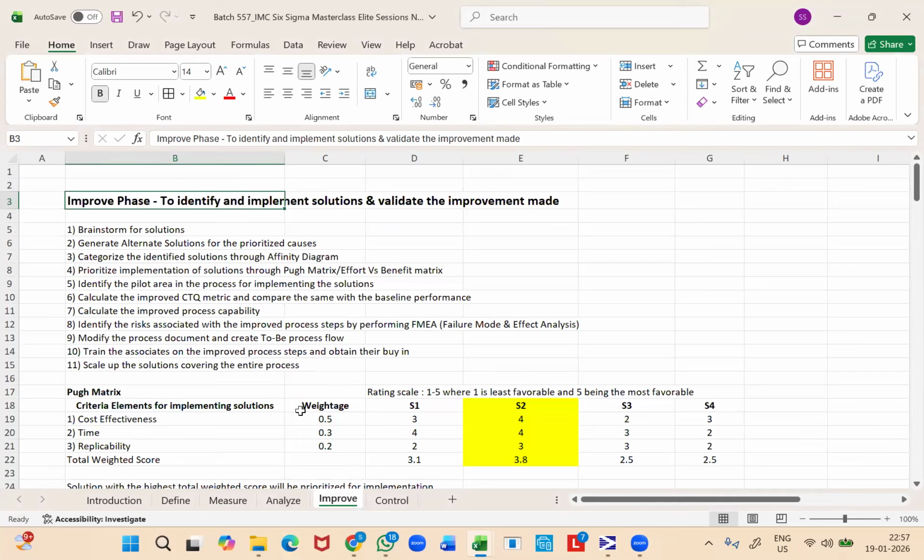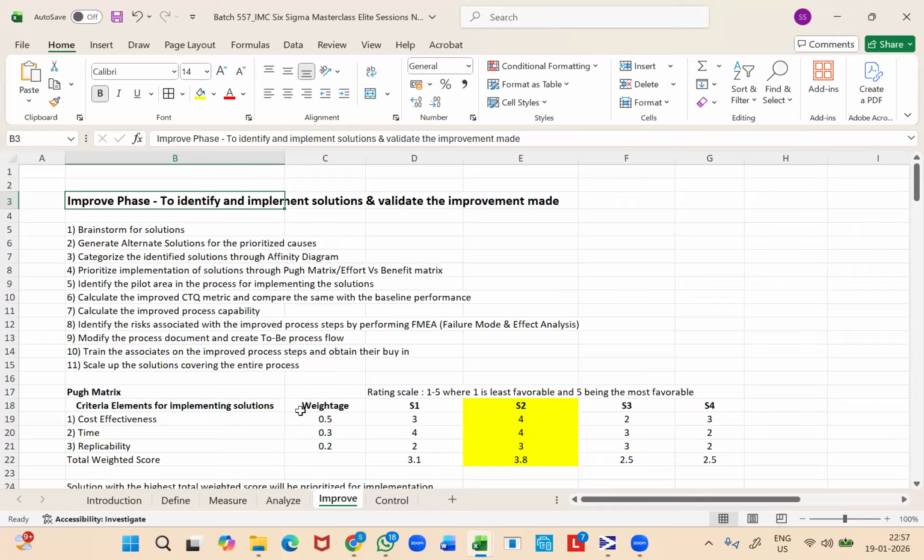And we would have also established the relationship between the vital few causes and the business problem by performing scatter plot and correlation analysis, and we would have also derived the regression model of the format y is equal to f of x plus epsilon.